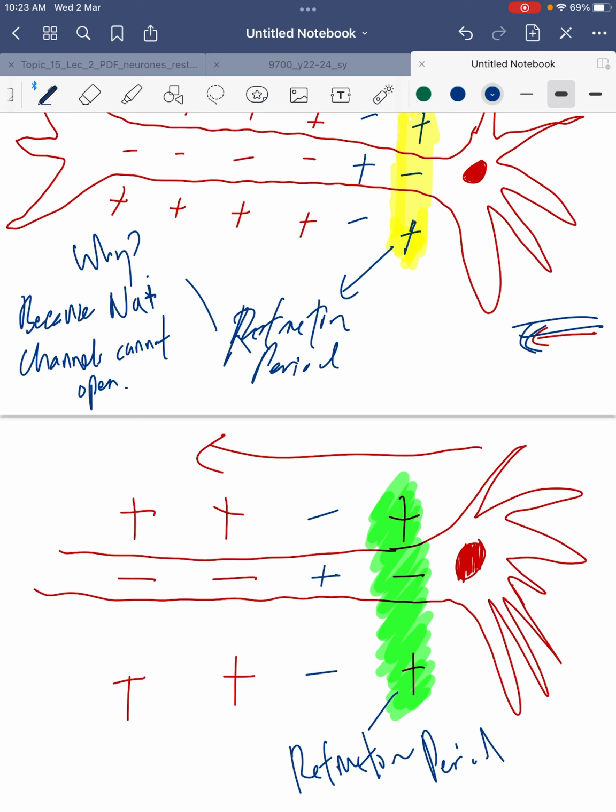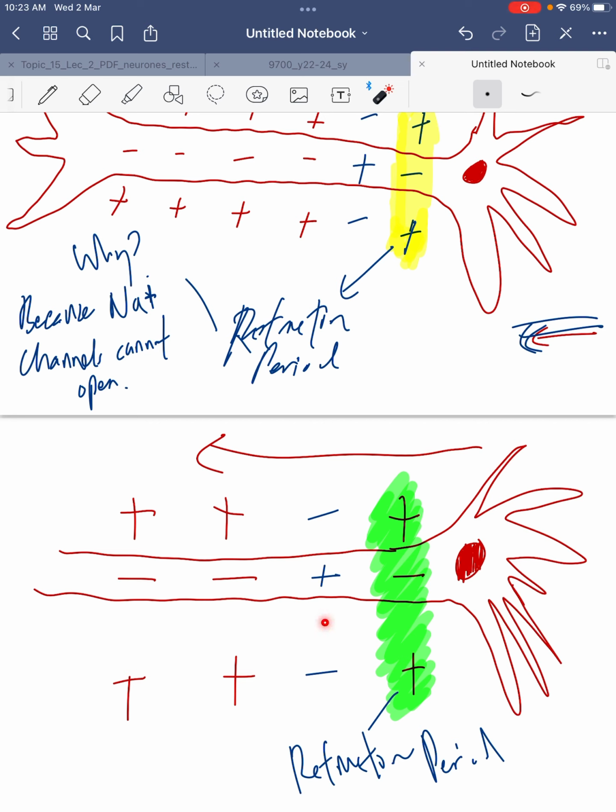Now, because this is positive, how this nerve impulse propagates is because of the positive zone attracted to negative zone. We'll talk about that later on, but that's how it moves along this neuron.